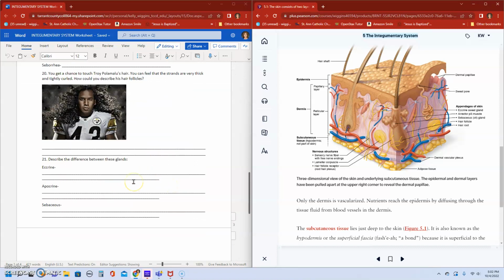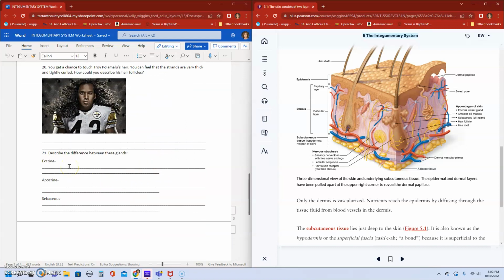Describe the difference between these glands. Eccrine glands are sweat glands that just go straight up to the surface of the skin. They produce a watery secretion via merocrine, so they just create their product and exocytose it out. This is the kind of sweat that we think of when you go for a run, and you've got them all over the place.